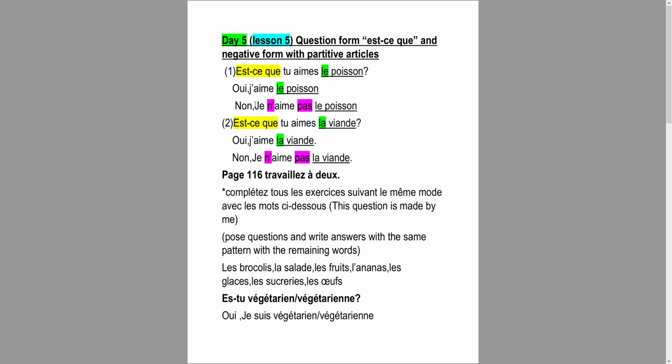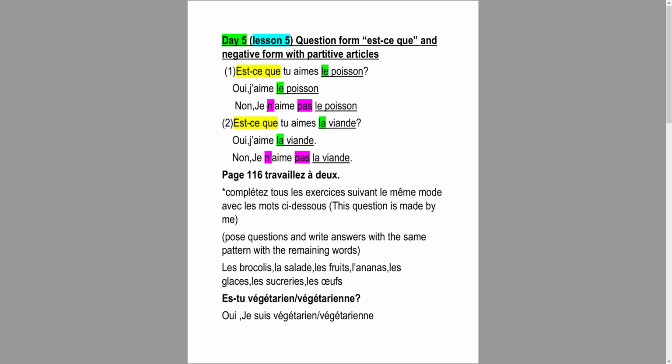The negative form has only two parts, N apostrophe and pas in this case, because A is a vowel, thereby we use N apostrophe. Here J apostrophe comes because A is a vowel. Here JE comes because N is a consonant. Those are the reasons why those things are coming.